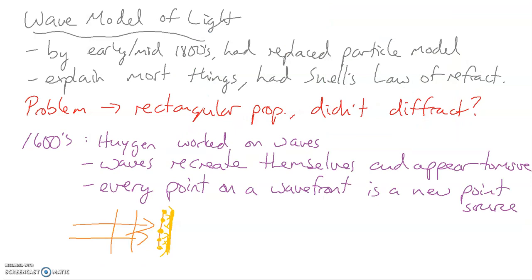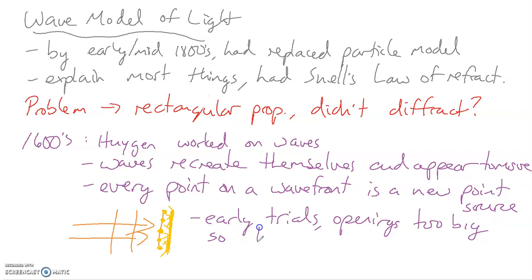This explained the whole d versus lambda thing. So in the early experiments, the openings were way too big, so the light pretty much went straight through, and that's why they didn't really notice the diffraction, because the openings were way too big.